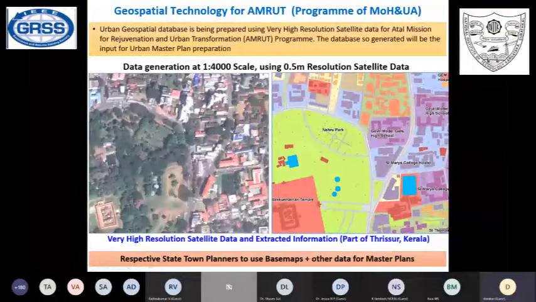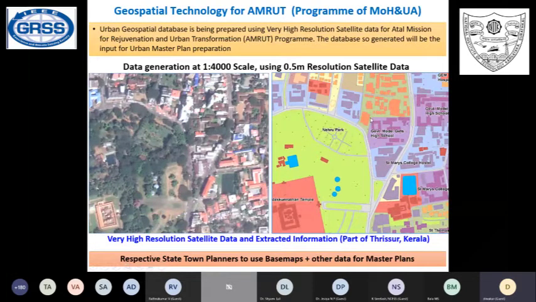On the urban front, you can see very high resolution sub-meter images, which capture literally rooftops and even small water ponds. These kinds of maps, something like 1:4,000 scale maps, are allowing us to get into the programs of the government, particularly the Atal Mission for Rejuvenation and Urban Transformation, which looks at how you do optimal urban planning for the future.